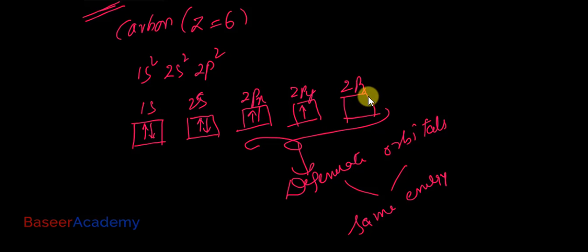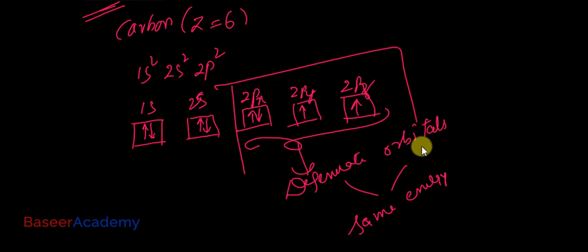If I have another electron, it will go here in 2pz, but it will not get paired with 2px or 2py. If now I have one more electron, then only it will get paired.